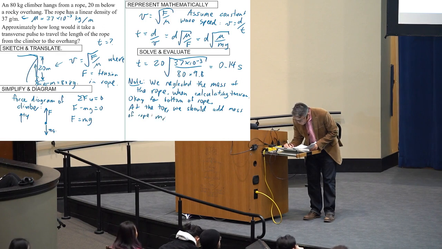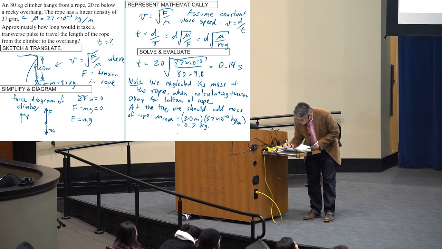So the mass of the rope, we can calculate that because we've got 20 meters times 37 times 10 to the minus 3 kilograms per meter. It's equal to 0.7 kilograms, which is not so much. It's much, much less than 80 kilograms.